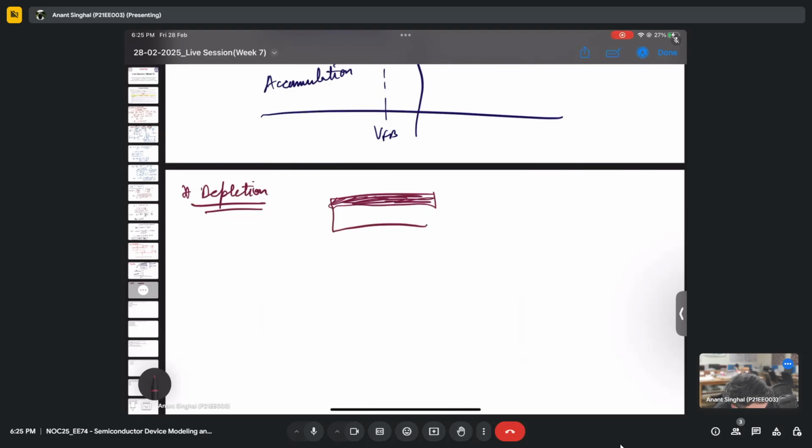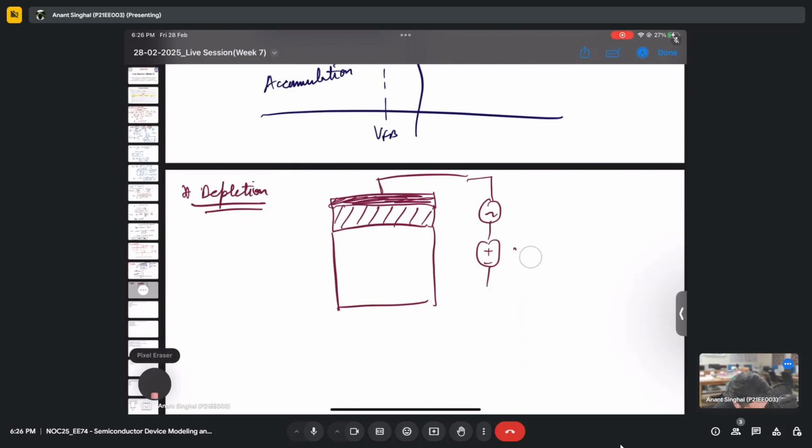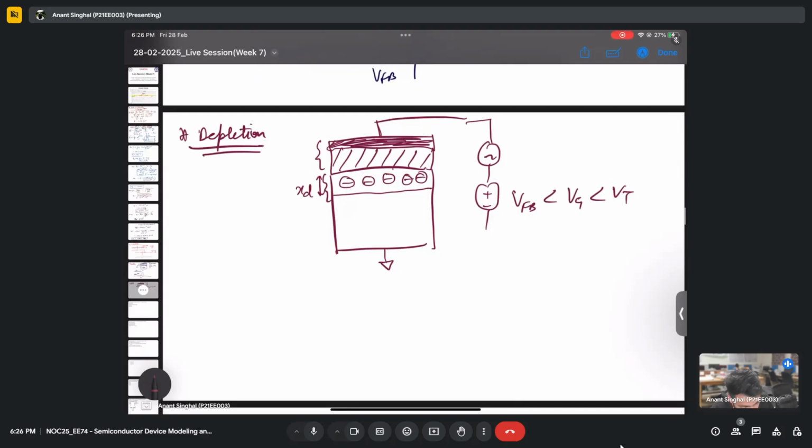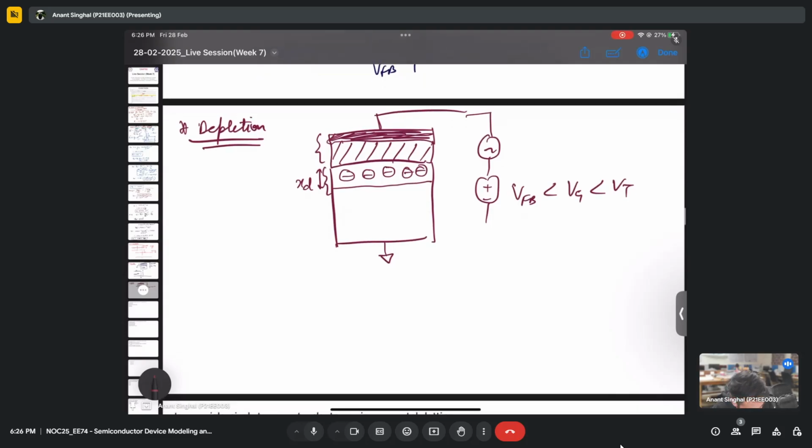We have a metal, again an oxide, and for depletion we have an AC plus a voltage that is greater than VFB but less than VT. By this we were able to have a depletion region, which has its own width. So we have two capacitances, one is the oxide one and one is the depletion one, because the depletion layer is also nothing but a capacitance.